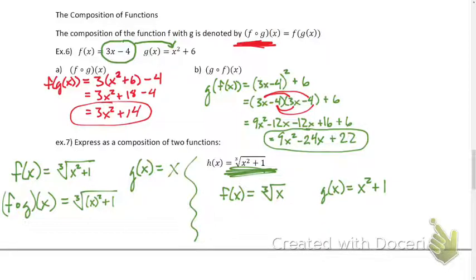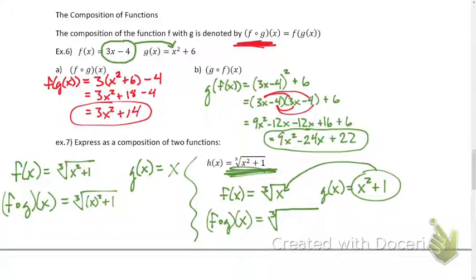Because when I go f composite g, I want to put g in place of that x in the f function. So I start by writing the f, and I need to put this right there. And sure enough, we have what I typed at the beginning of the problem. There's a few other ways to do it, but there's 2 ways right there.